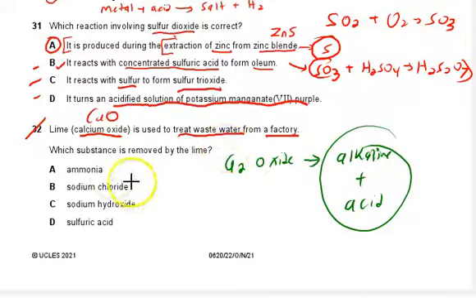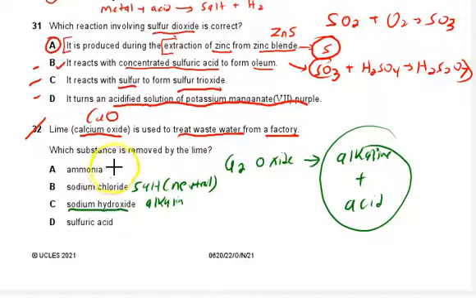Here, this is salt. Salt is neutral. And here is alkaline. Alkaline won't react with alkaline. This is also an alkaline. Now sulfuric acid, so this is the best answer here. Alkaline will react with acid to neutralize it.